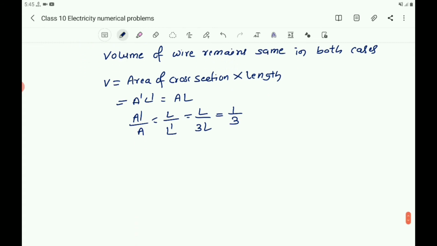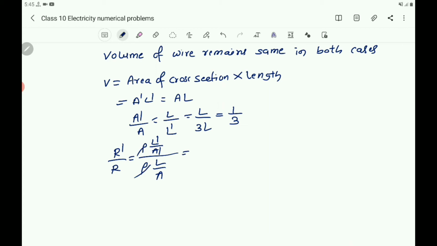Next you take the resistance ratio R dash by R, and write the formula: rho L dash by A dash divided by rho L by A. Rho cancels.